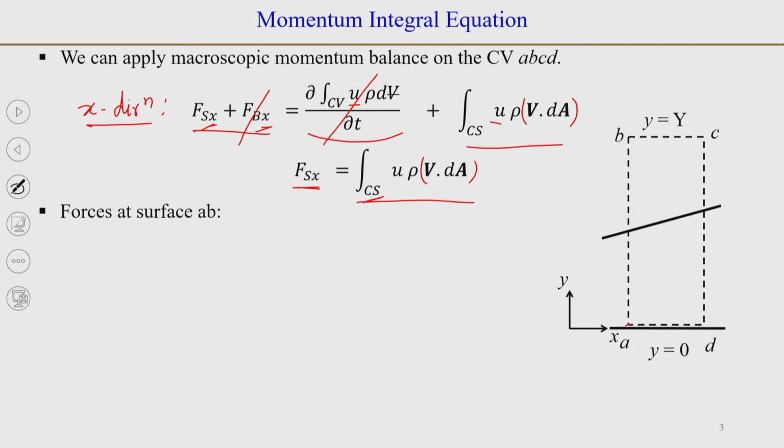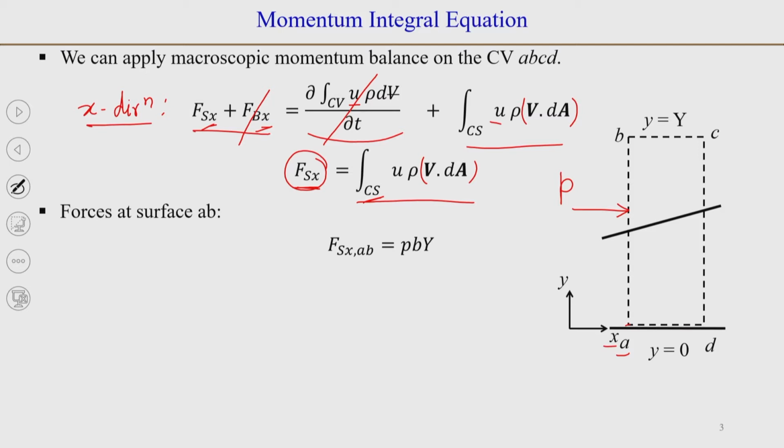So, first we will evaluate the forces on this control volume, F_sx. On the surface of this control volume we will have 4 surfaces, AB, BC, CD and DA. So, we will consider them one by one. Now, if we look at surface AB, the force on this will be because of pressure along the x direction. If we consider that the pressure at x is P, it will be compressive, so it will act along the positive x direction.